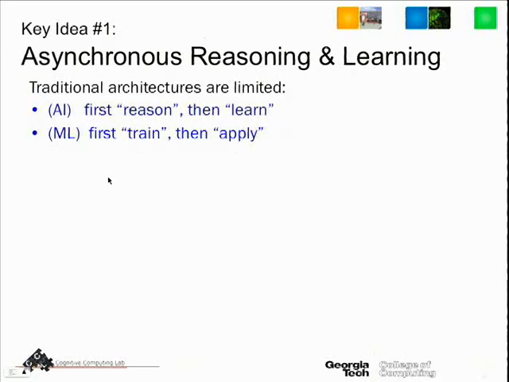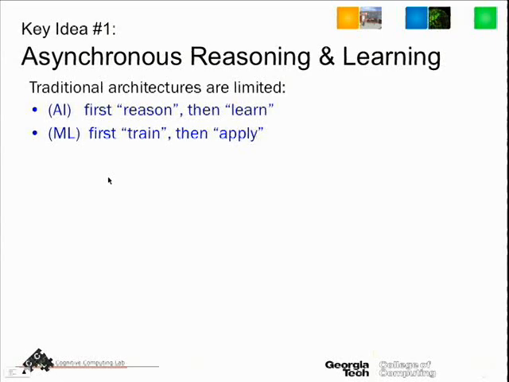So the asynchronous reasoning and learning idea is this. If you look at traditional AI, you have systems that work in one of 2 ways. In classical AI, you build systems that reason, they solve problems, and then they analyze what they did to try to learn from that experience. Explanation-based learning works this way. In machine learning, it's sort of the reverse. You take a learning system that is empty in some sense, and you train it using tons and tons of data.